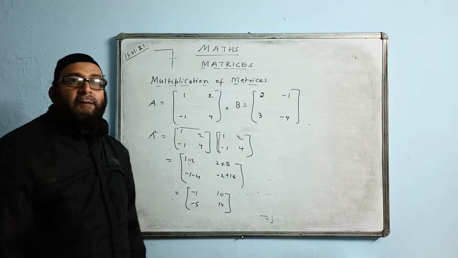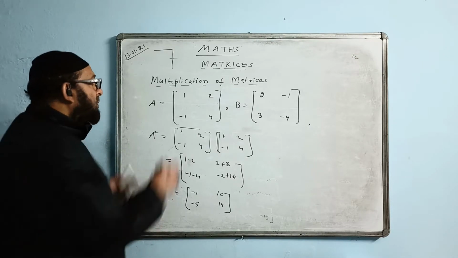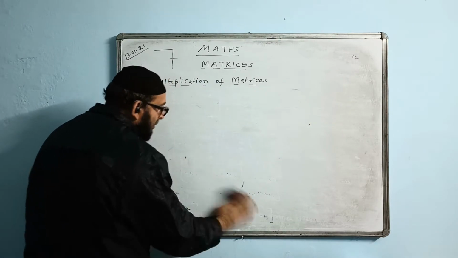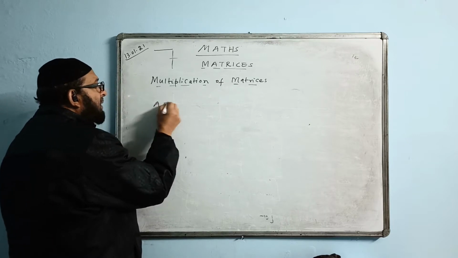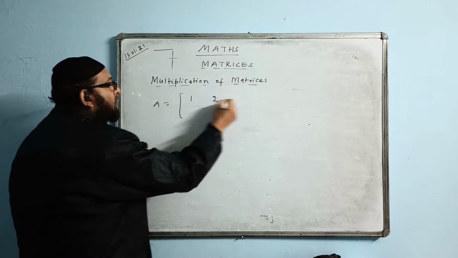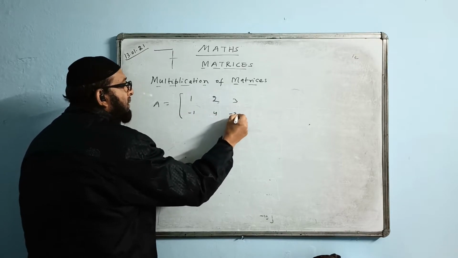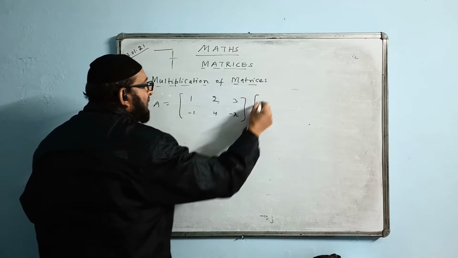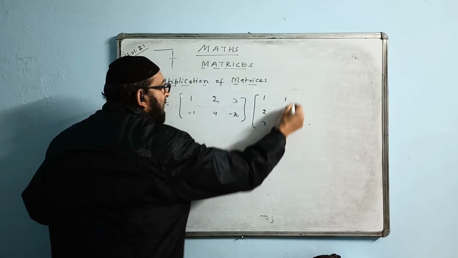So this is how we multiply two matrices. You have to first check whether multiplication is possible or not. And if it is possible, then you go for multiplication in this manner. Suppose I say A is given like this: 1, 2, 3. And B is given here: 1, 2, 3, 1, 4, 5.